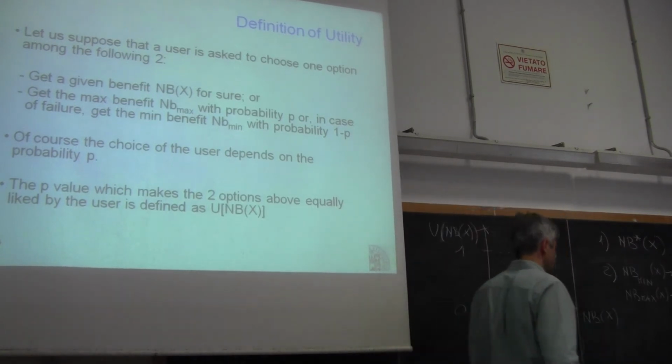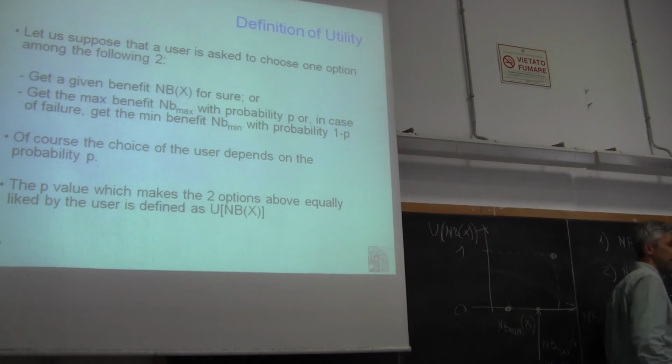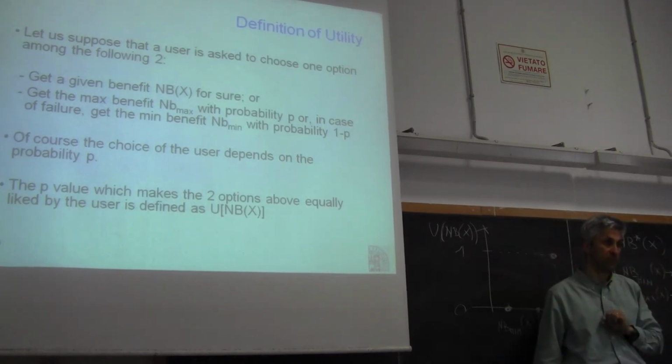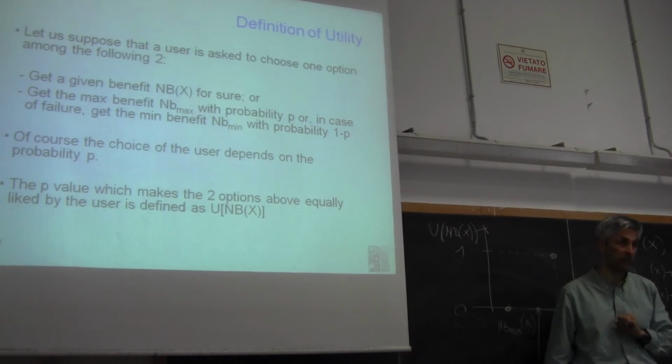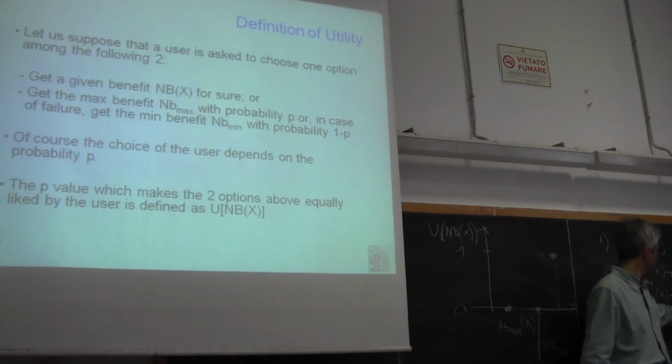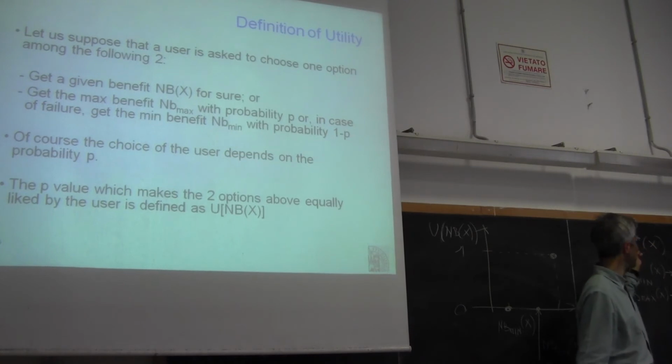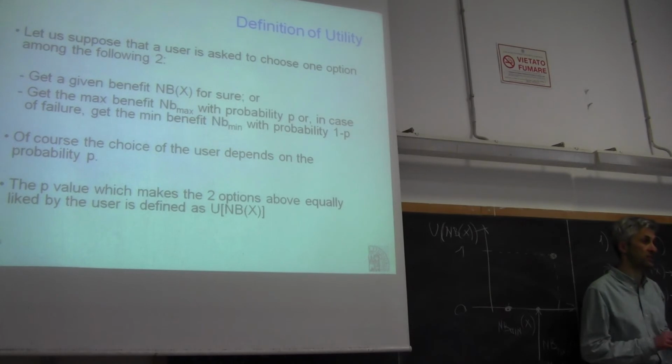Okay, let's define this value of the probability as the utility of the benefit. And think of this situation: if you are very unwilling to take a risk, you would prefer very high values of probability for getting the maximum. And therefore, it means that you give a high value of utility to the given net benefit.